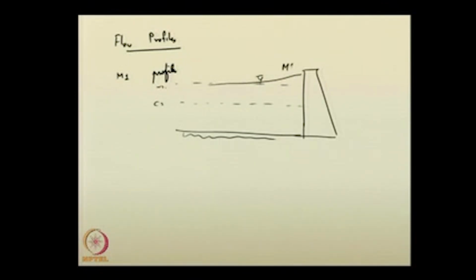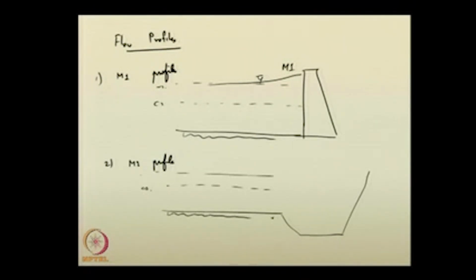Similarly, you will see M2 profiles in the actual field, say if such a mild slope channel is falling into another tank or channel, and if the depth of water in it is below the normal depth line, then your water surface profile will be like this, and this is given as your M2 profile. So, these things are observed in actual field situations.